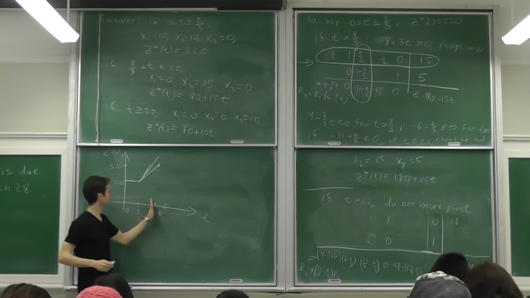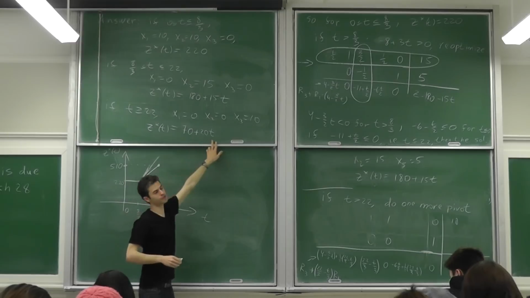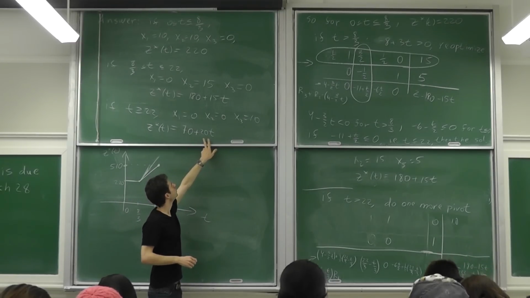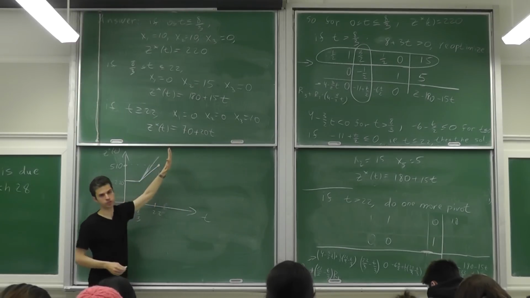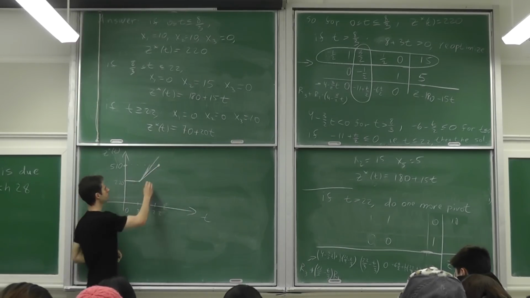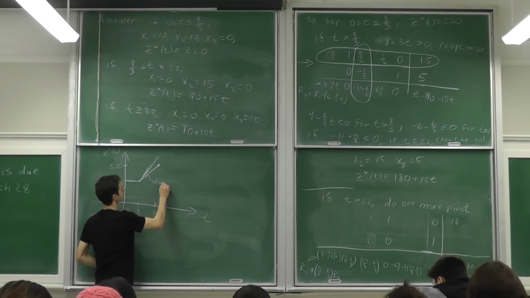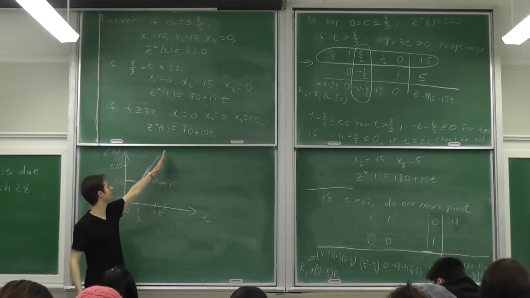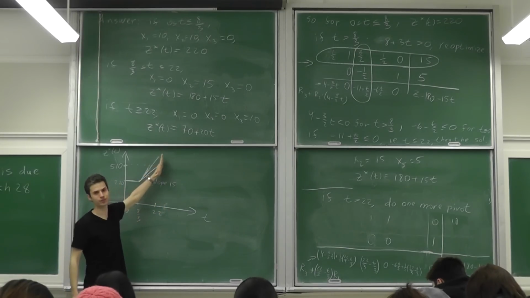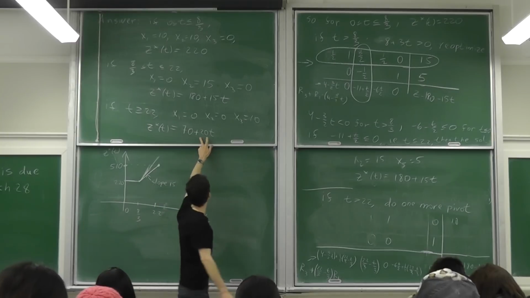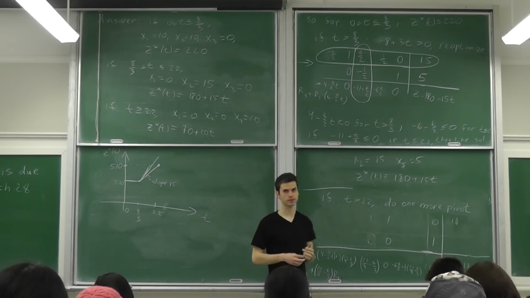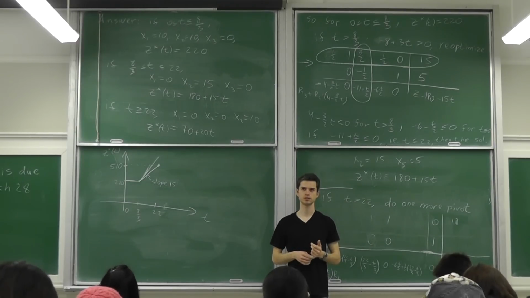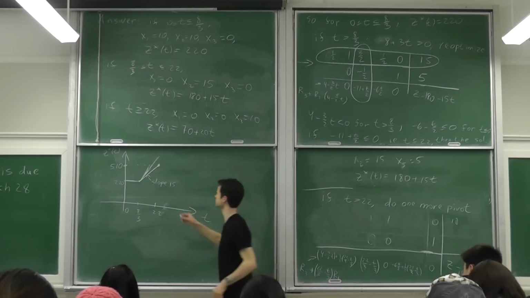From here we should plot the function 70 plus 20t. It will have an even larger slope than 15. This has slope 15. The next one should have slope 20, and if we did not make a mistake, it should pass through this point. So 22 times 20, 440, plus 70, 510. Okay, it does.